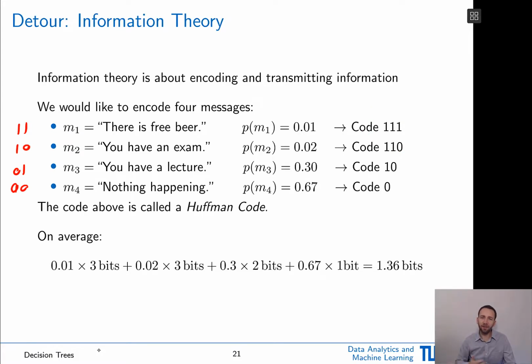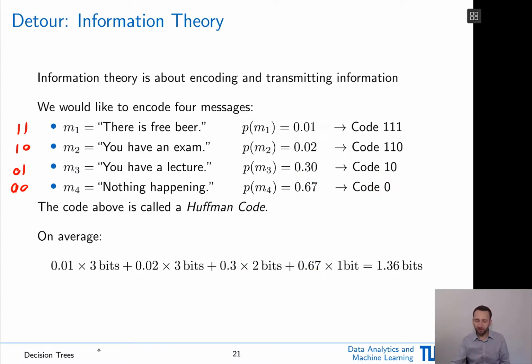Now we can see whether this makes any sense. We can compute the average number of bits we now need. These 3 bits, I need 1% of the time. These 3 bits, I need 2% of the time. These 2 bits, I need 30% of the time. And this 1 bit, I need 67% of the time.